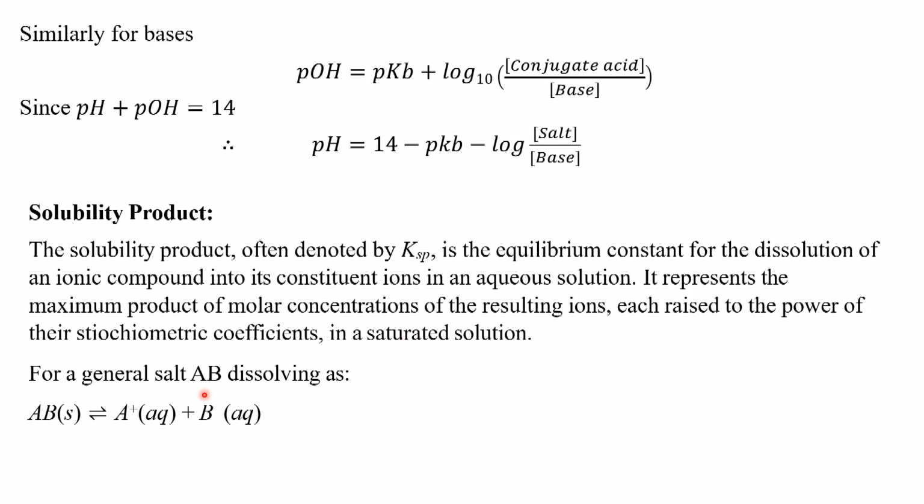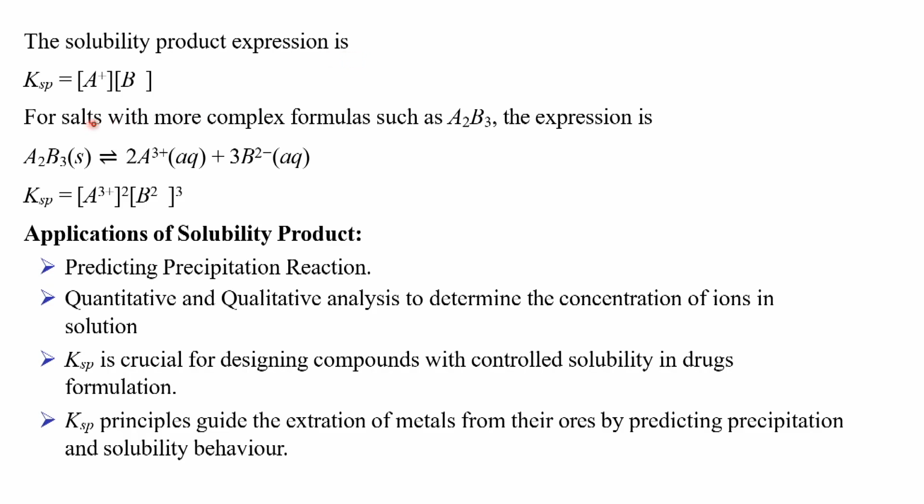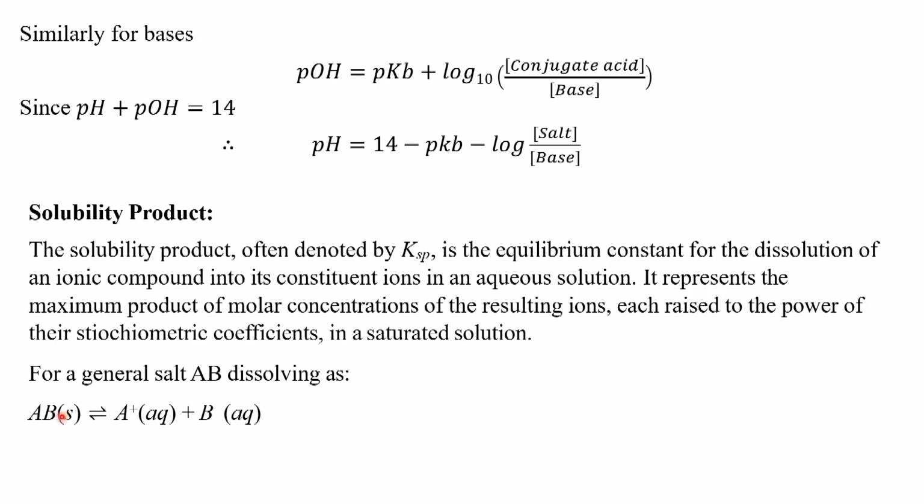For a general salt AB dissolving in aqueous solution, it gives A+ ion and B- ion. So Ksp is concentration of A+ times concentration of B-. We don't consider concentration of AB because it is solid.